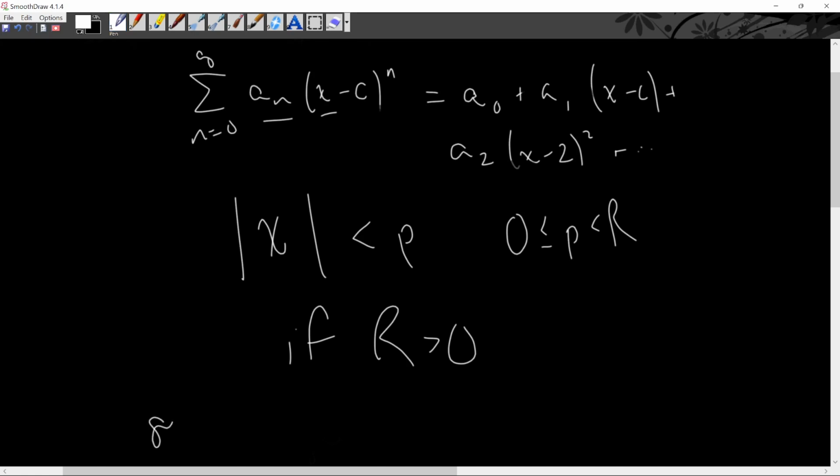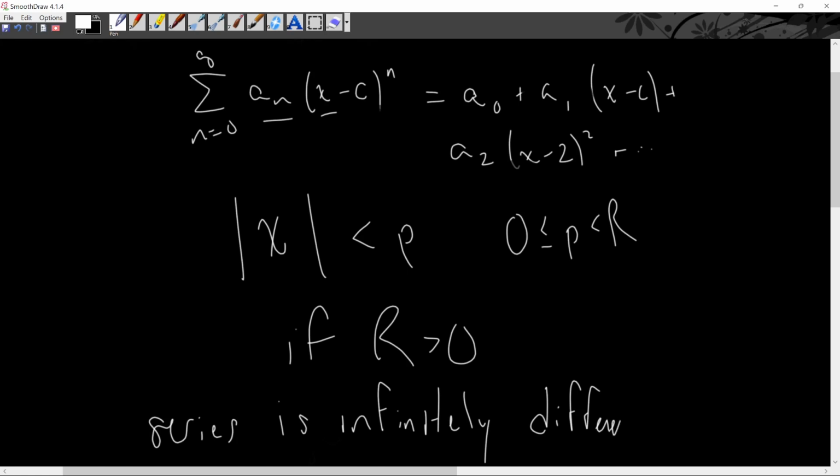The series is infinitely differentiable, which I did mention briefly a little bit beforehand, but we will talk about infinite differentiability in just a second. Infinitely differentiable, right? Okay, so yeah, that's pretty cool.